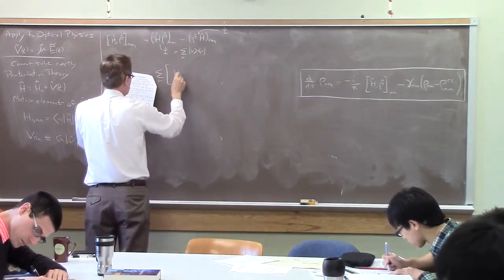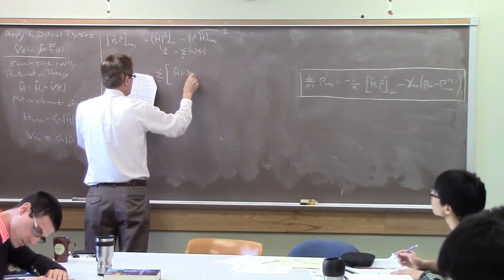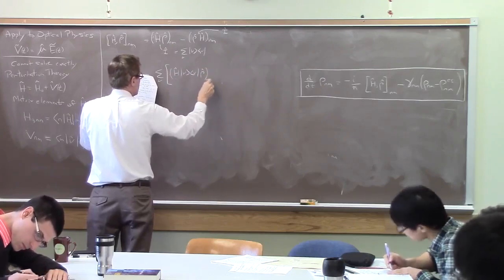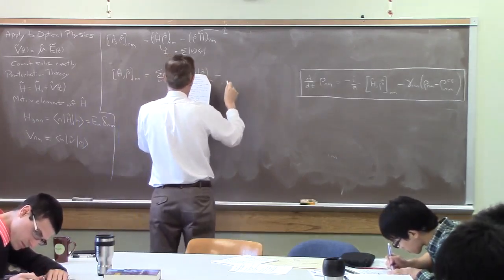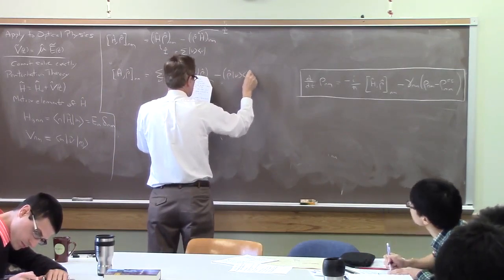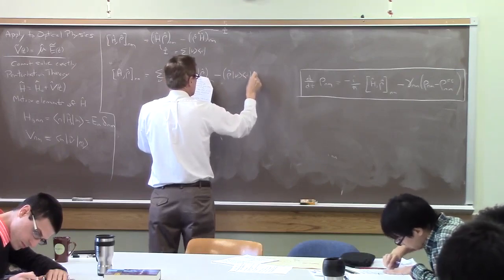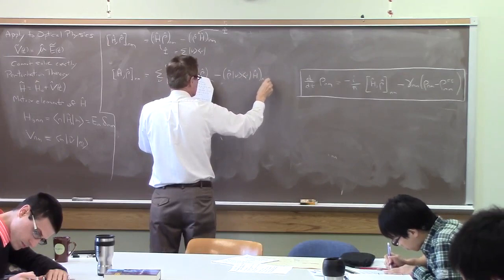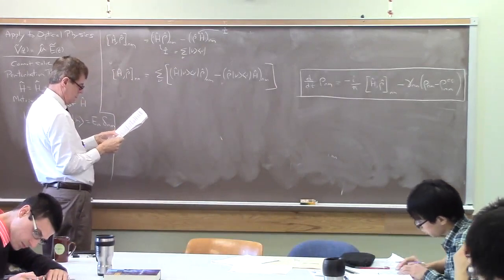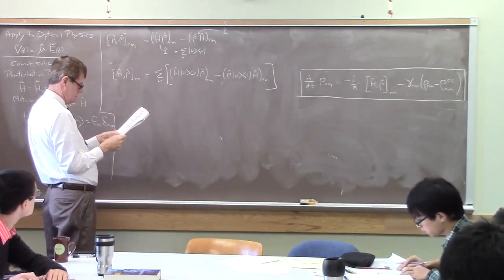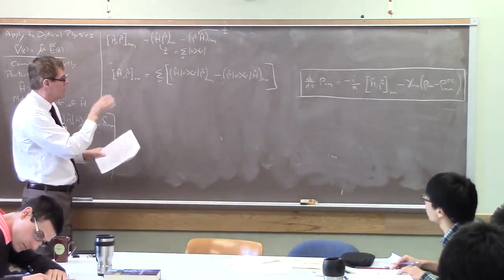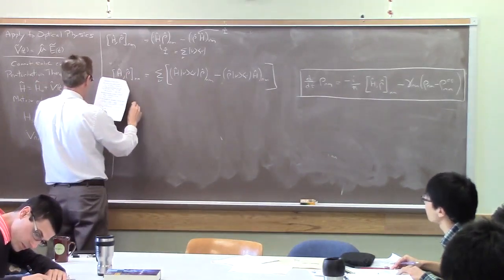We have H nu rho NM minus rho nu H and M. And now let's explicitly work out what the NM matrix element is going to be.